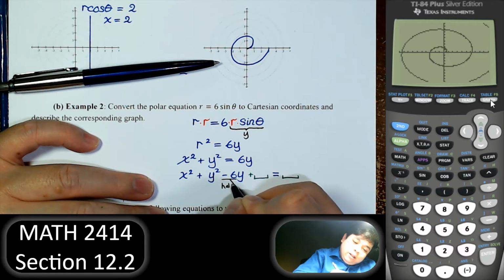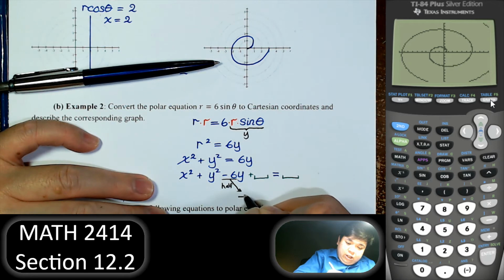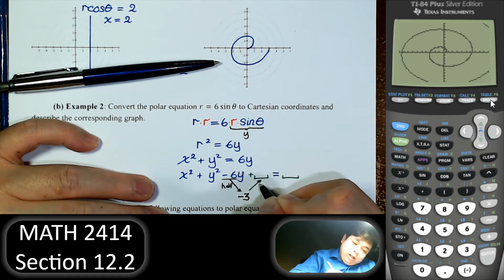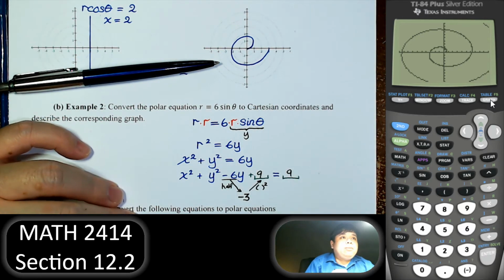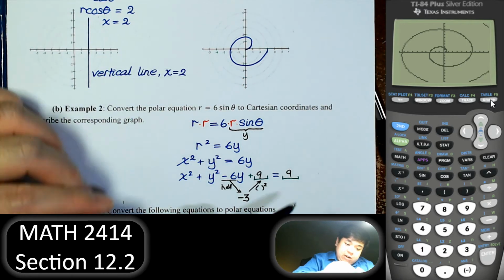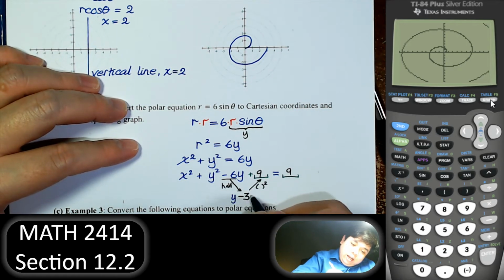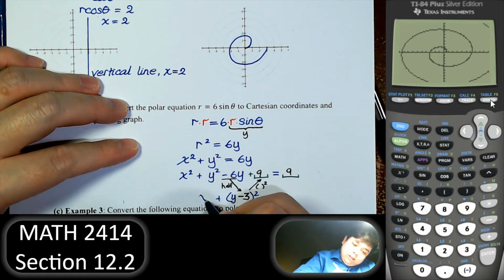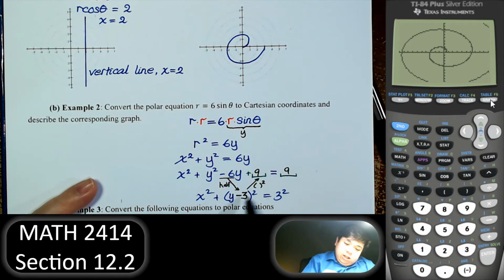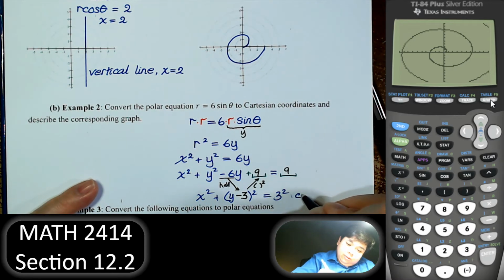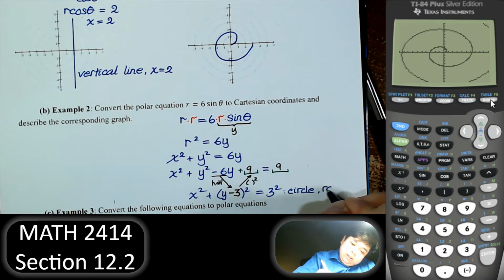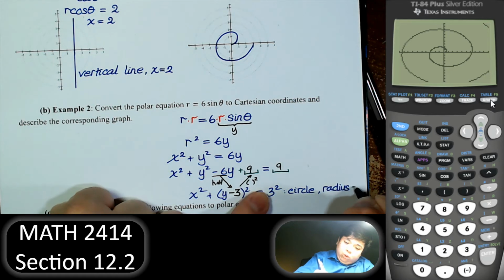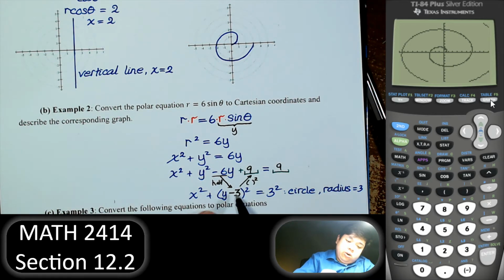So I take half of that, which is -3, and then I square it, which is 9. So the completed square is going to be (y - 3) squared. And so this is a circle. The radius is equal to 3, and the center will be (0, 3).